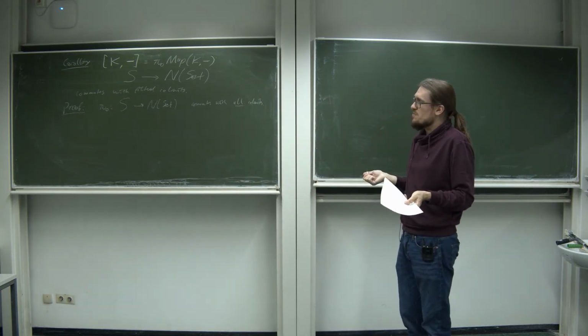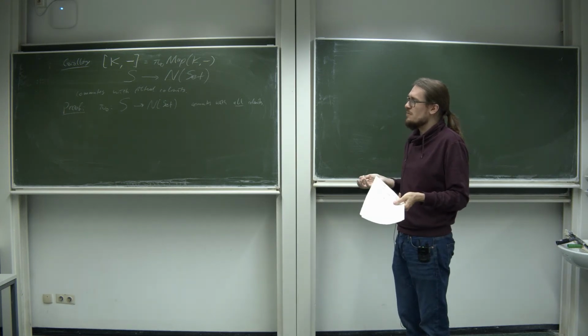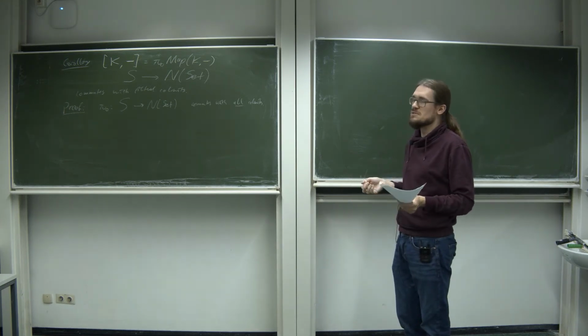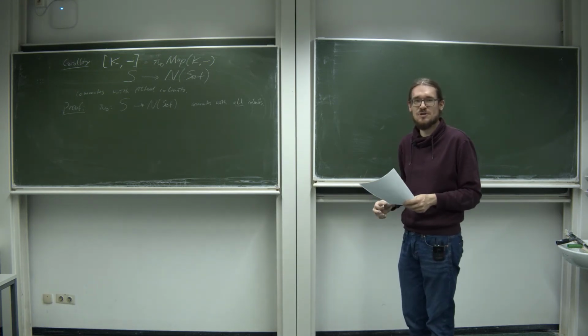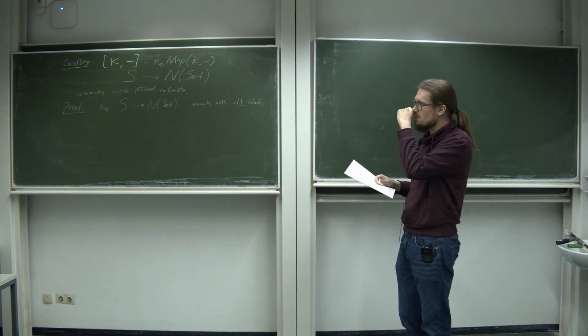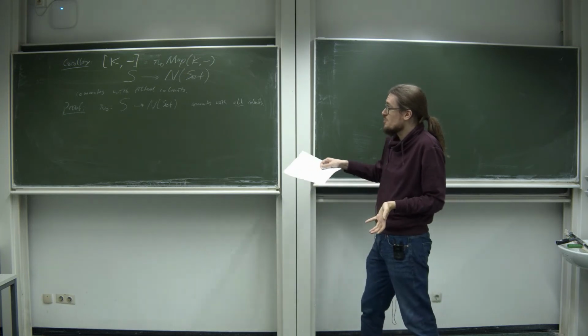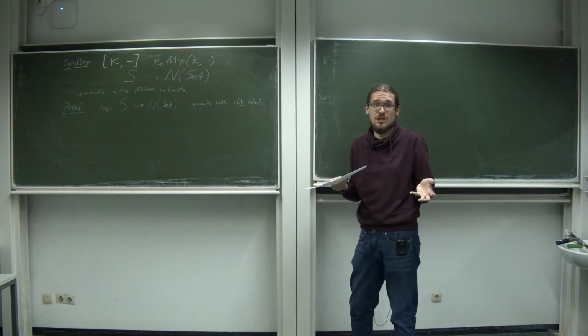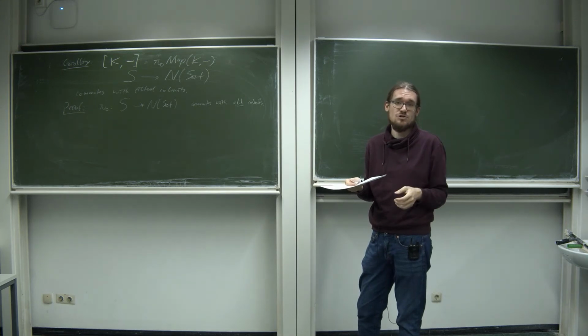Proving that something commutes with filtered colimits is tricky because we don't have some machinery like these decomposition tricks that Thomas proved in the lecture on colimits. But proving that something commutes with all colimits is something we know we can check just on coproducts and pushouts.